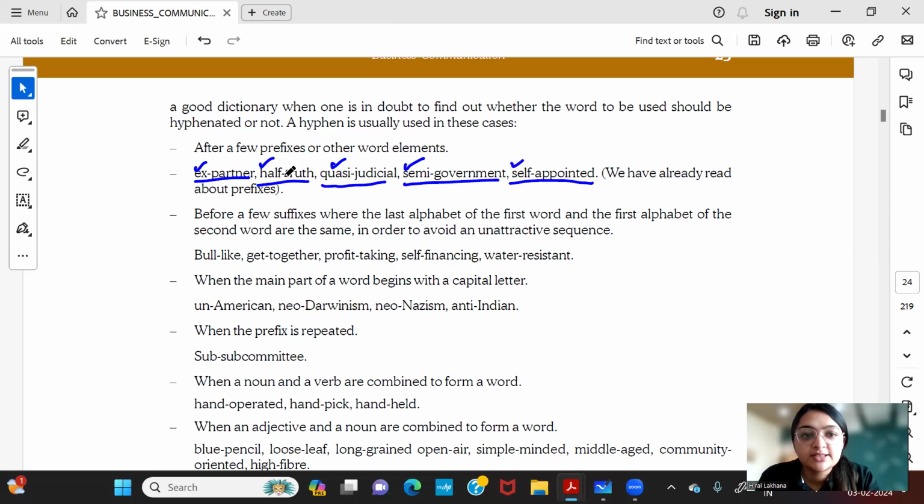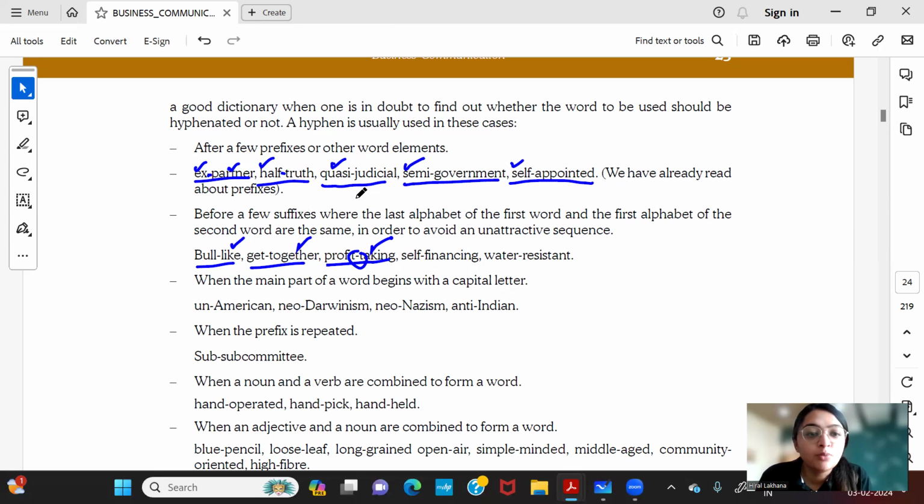And whenever a prefix is added to another word, we can use a hyphen in between to denote that there is a prefix that is added to the word. Similarly, just how we have a prefix, we also have suffixes wherein before adding a suffix, we use a hyphen. So we are saying bull-like, get-together, profit-taking. So all of these are suffixes that are added to the word. And before that particular suffix is added, we have a hyphen in place.